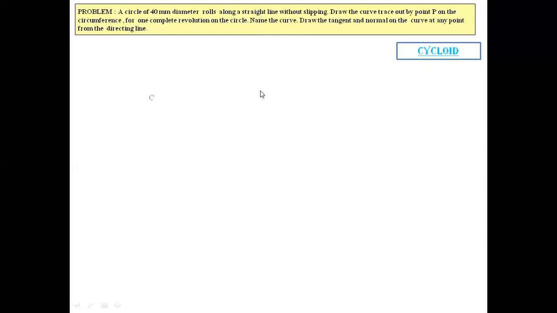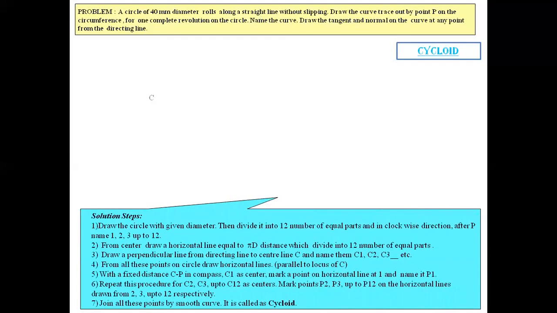Now we move forward to how to draw the cycloid. These are the steps to draw the cycloid curve, and we will understand these points one by one. First of all, take a center point C and draw a 40 mm diameter circle.